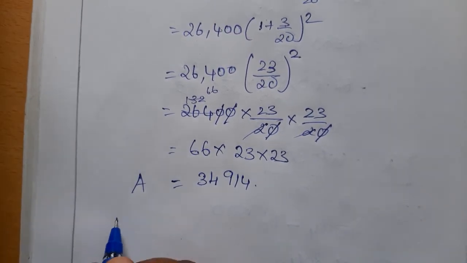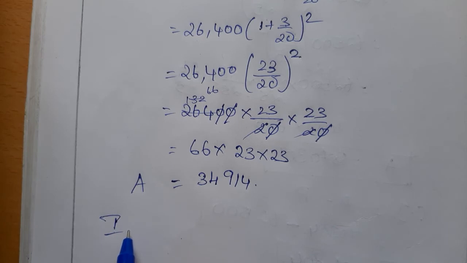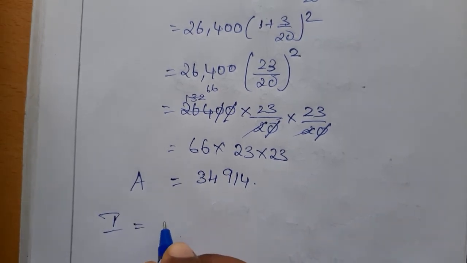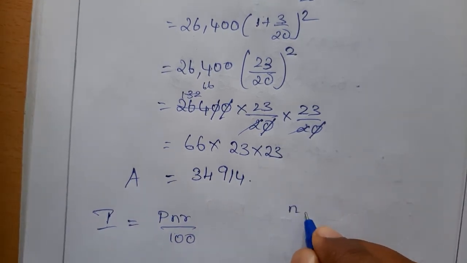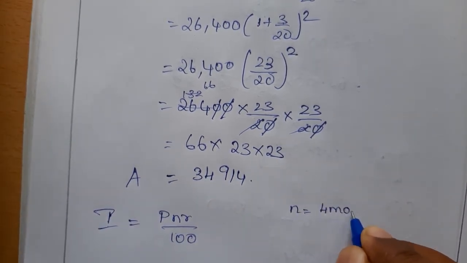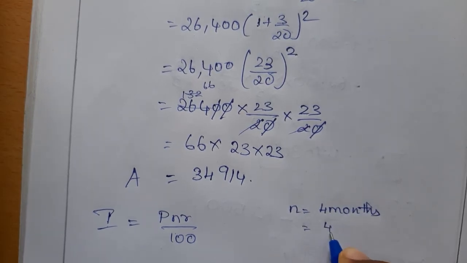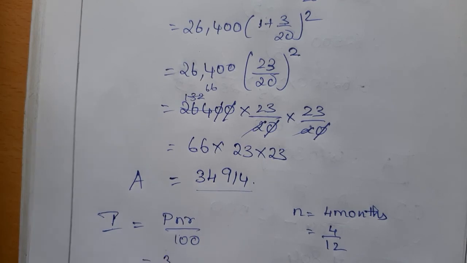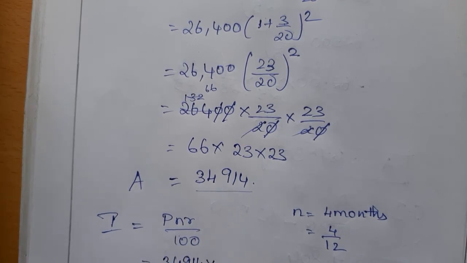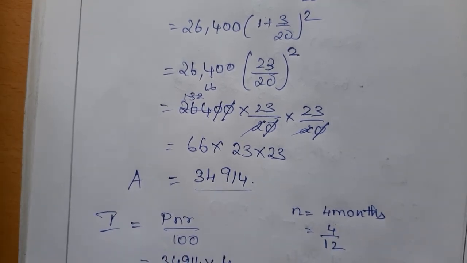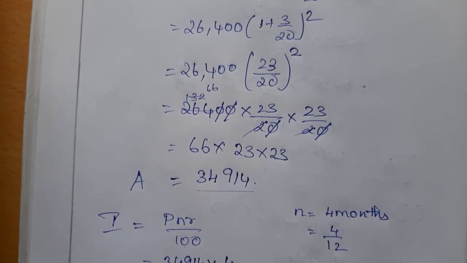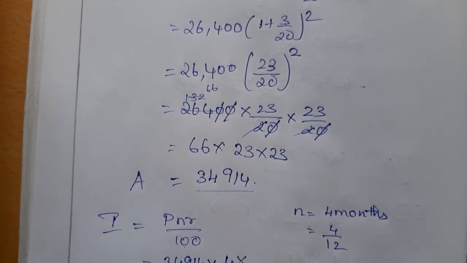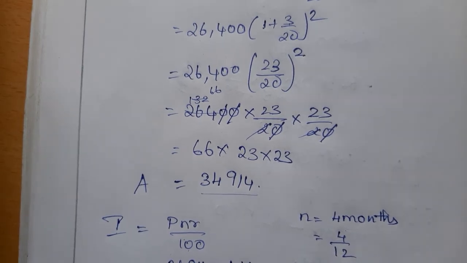Now we have to find interest for the 4 months, right? Interest for the 4 months, we will be using the PNR by 100 formula. Here the time is equal to 4 months, right? 4 months means 4 divided by 12 we have to use. So principal will be 34,914 into 4 divided by 12 into the rate 15, divided by 100.